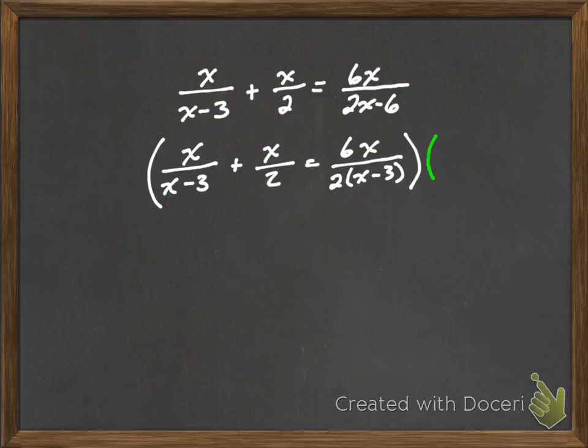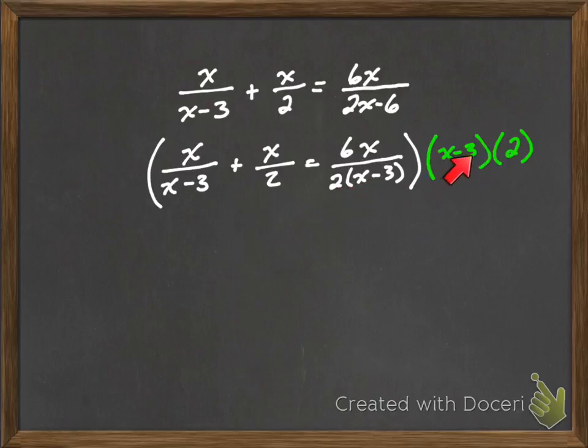So that will be part of our least common denominator. Our common denominator would also need to have a 2. So we can get this denominator to be 2 times x minus 3 by multiplying by 2 over 2. This one we could multiply by x minus 3 over x minus 3. This one already has both of those parts, so this is our common denominator.